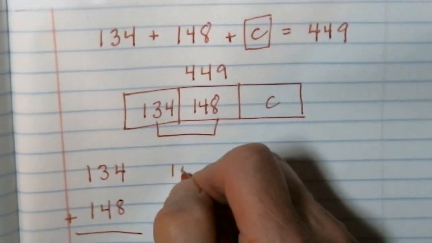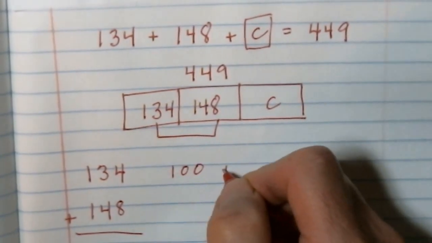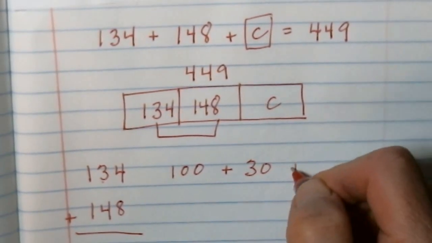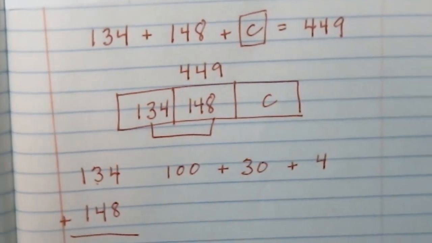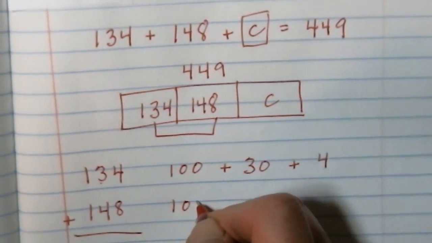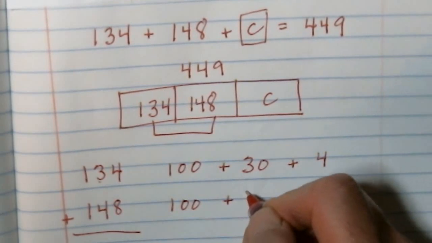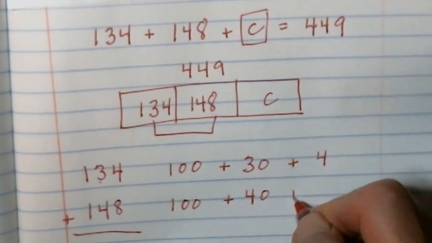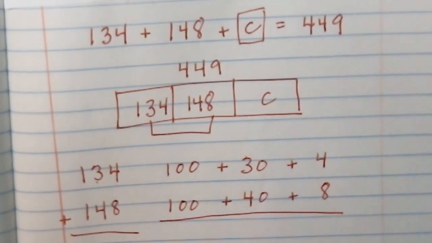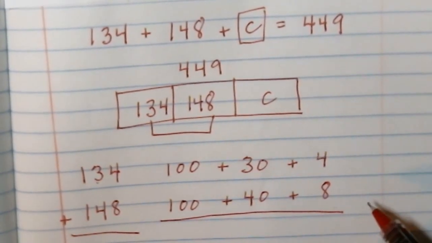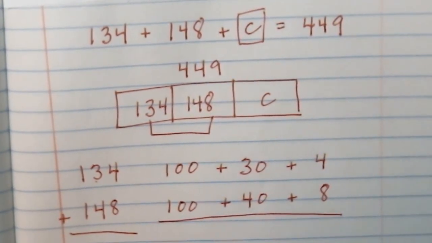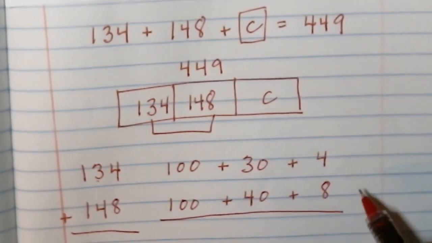The value of the 1 is 100, the value of the 3 is 30, and the value of the 4 is 4. For this one, the 1 is 100, the 4 is 40, and the 8 is 8. I know sometimes I make the 100 times 1 chart over here, but I'm getting you ready for 4th grade, so I'm not even going to put that over there. We're going to do this without that.